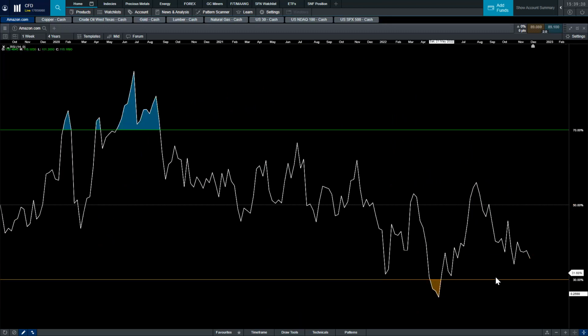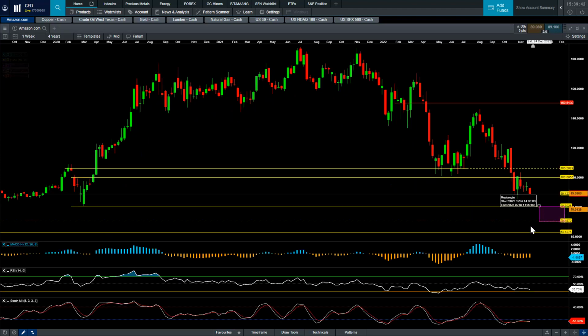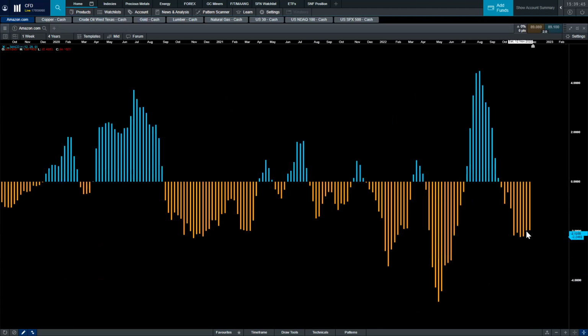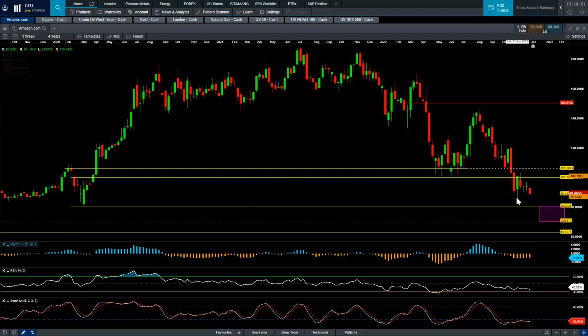We like this. This is the second low in price. Look at RSI. Even if RSI is coming down here, still we are seeing divergence, right? MACD confirms RSI as well. So here's the low, here's the higher low, here's the low, here's the lower low.